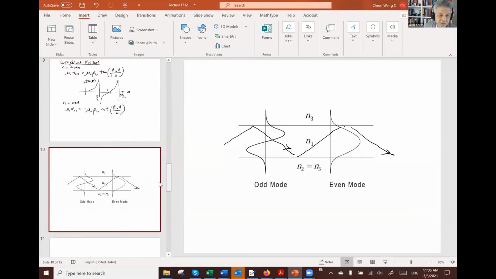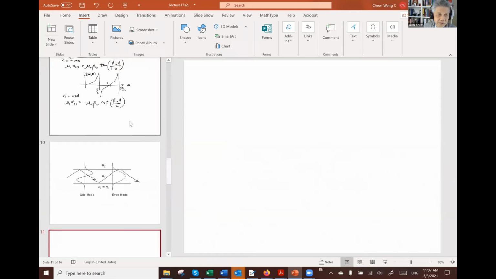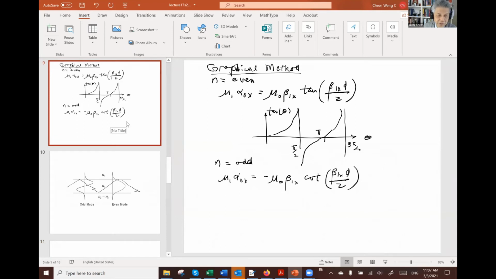Okay, it turns out that to solve these equations graphically, I have to do some more work. I have to convert this equation so that it is amenable to solving by the graphical method.